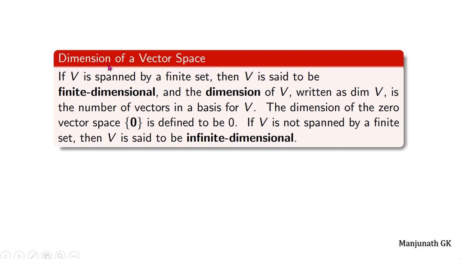A definition for the dimension of a vector space: if V is spanned, meaning by linear combinations, by a finite set, then V is said to be finite dimensional.